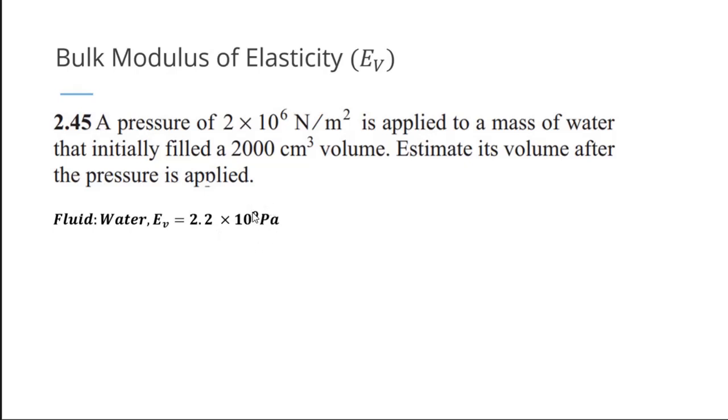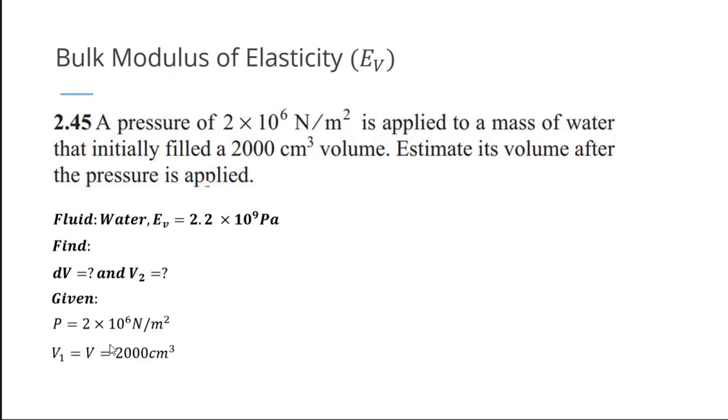So giga means 9 zeros. So let's find the differential volume, and finally the final volume, V2. So ito yung given. Initial pressure is 2 times 10 raised to 6 Pascal. Initial volume, let's denote that as V1 is equal to V, is equal to 2000 cubic centimeter.